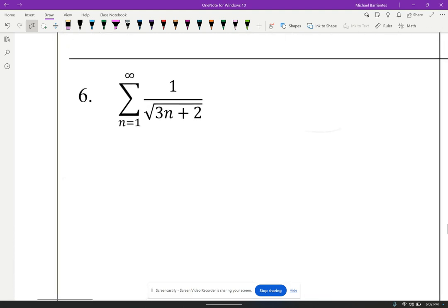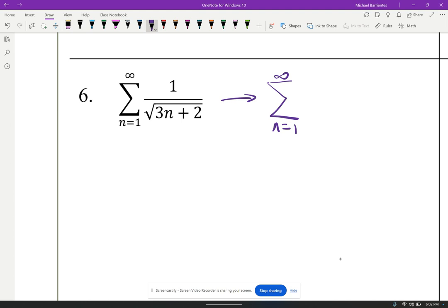When I look at number 6, I have to find a good series to compare this to, what I call my buddy series. So I know it has to start like this, but what could I use? Looking at the rest of the series practice that we've done, I feel like we could ignore the plus 2.